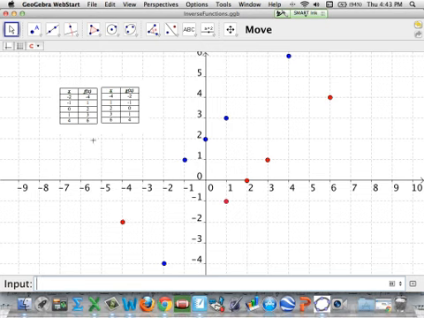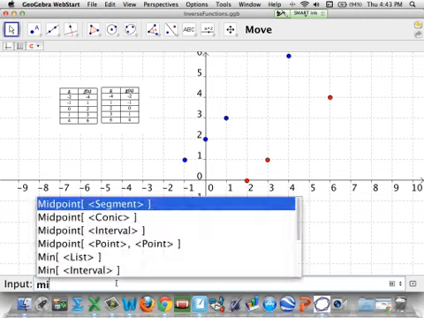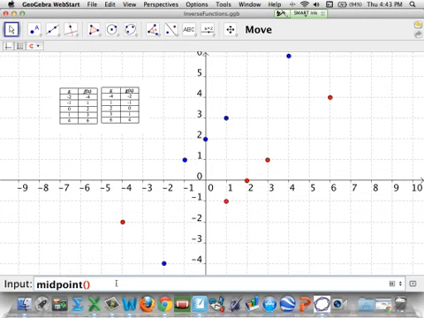Okay, and we noticed in the previous slide that when you have inverse functions, the x and the y values are flipped. Now what I'm going to do is ask GeoGebra to find the midpoint of every pair of points that are flipped. So for example, I'm going to find the midpoint between -2, -4, and -4, -2, and GeoGebra will calculate it and also plot it for me.